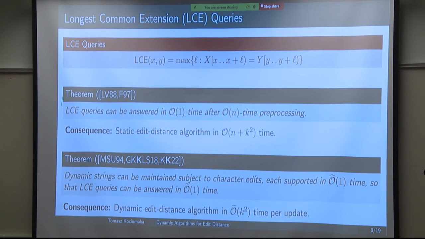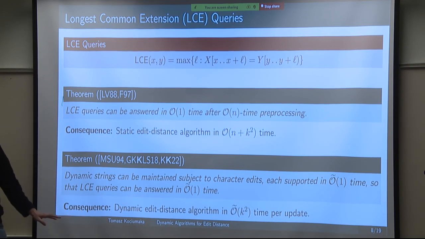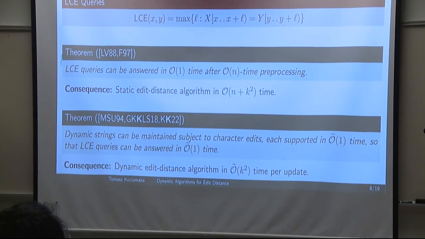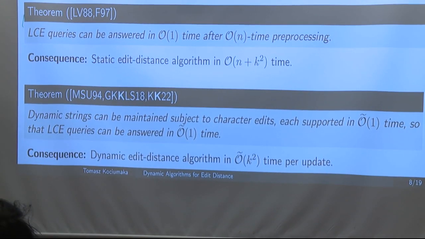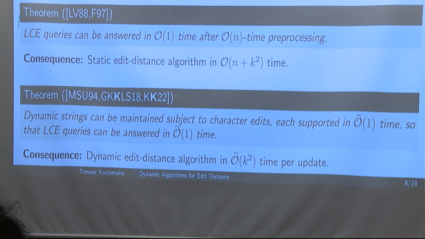With deterministic solutions, there is some polylog term on top of that. But today, I will not focus too much on the polylogarithmic terms. So the update time of the dynamic algorithm is just O tilde of k squared, so k squared log n if you allow randomization. Okay, any questions? So that's the first kind of folklore solution.